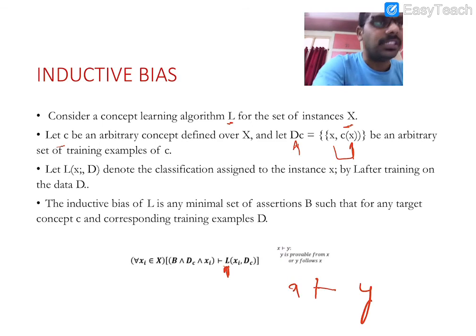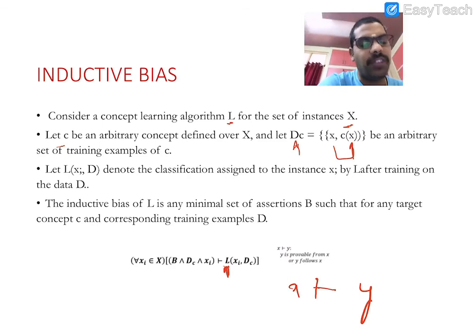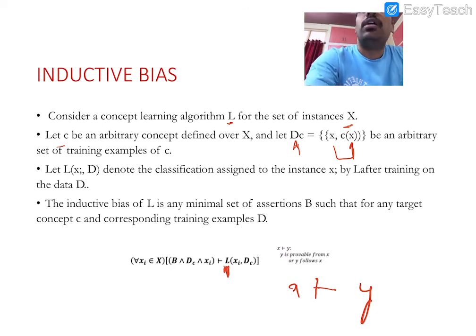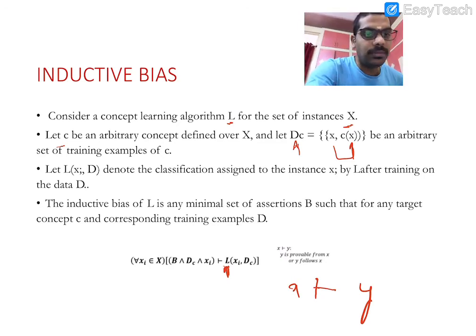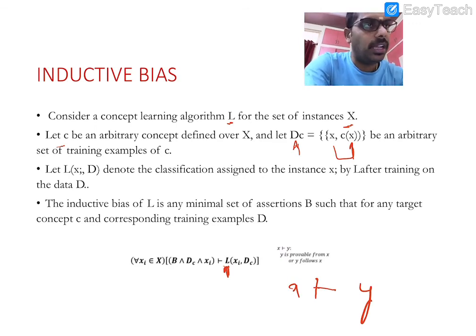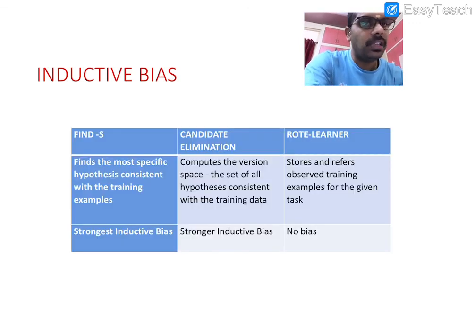B are the assertions, the assumptions. Whatever assumptions we make before evaluating the task. Suppose this may belong to that particular class; that assumption we also consider. So based on the assumptions, the data, and the tuples, we define the inductive bias and classify the things.